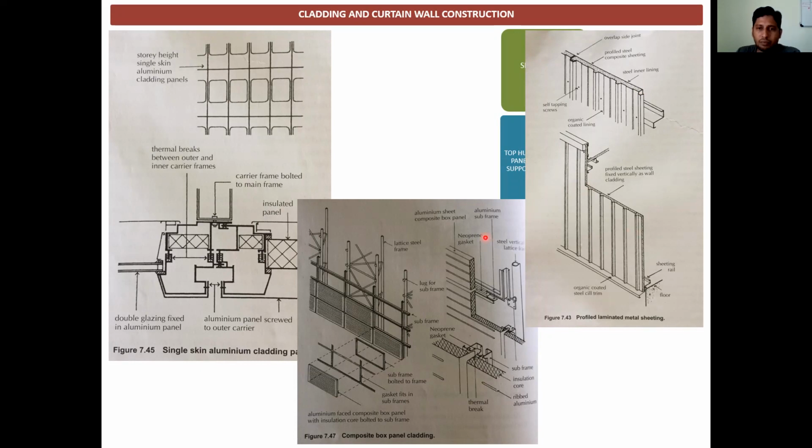So type by type, material by material, this is the example for single skin system made up of aluminum, and some is precasted sheet metal system. In fact, if you saw our railway, that is also a sheet metal box.